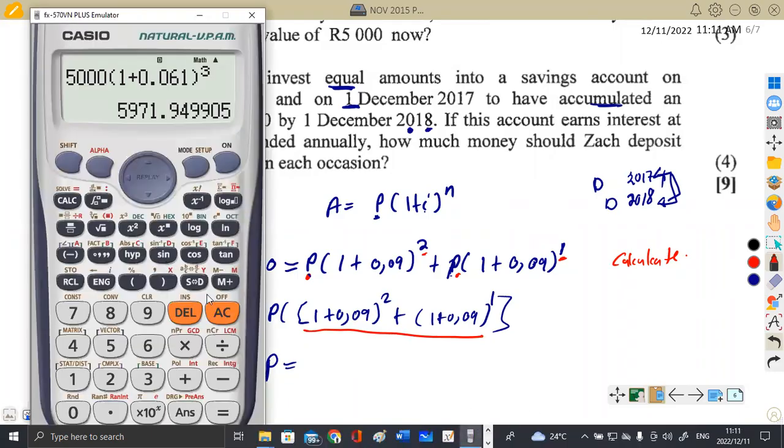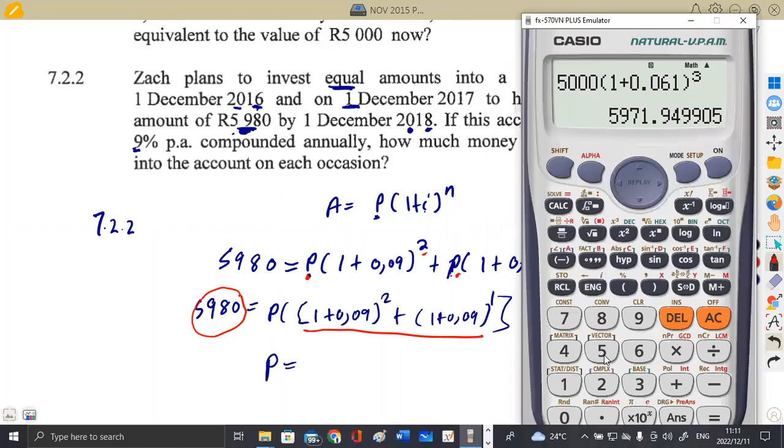Okay, let's just do it on our calculator. We are going to divide 5,980 by the whole of the bracket. The first one is 1 plus 0.09 to the exponent of 2, plus the other bracket, which is 1 plus 0.09 to the exponent of 1.